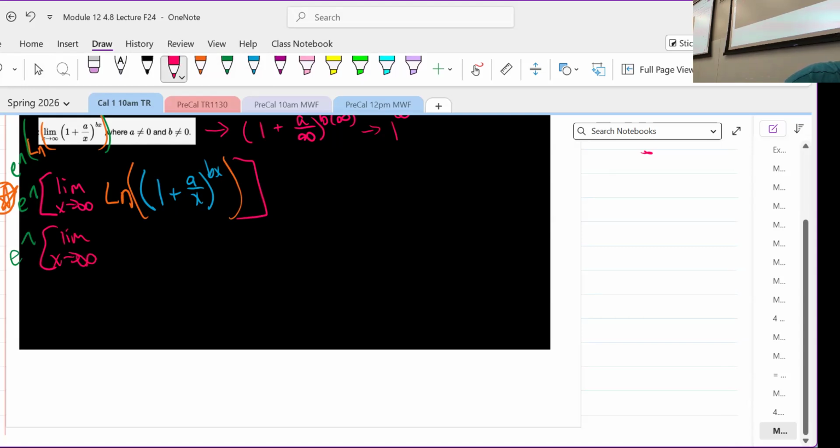Now our natural log is going to pull down the power. So I'm going to have bx times the natural log of 1 plus a over x.